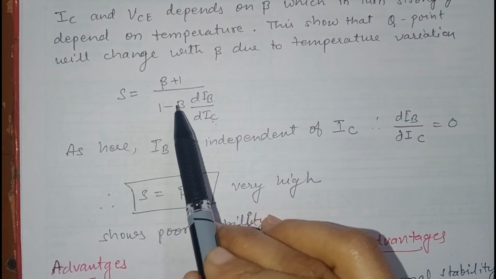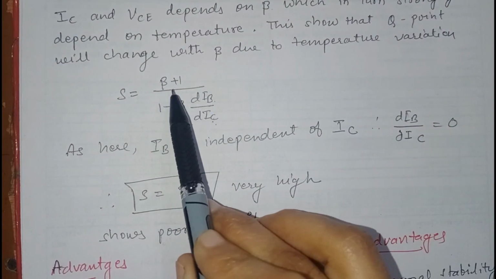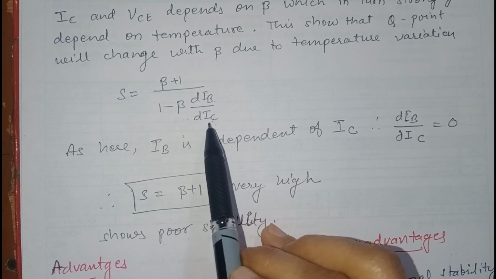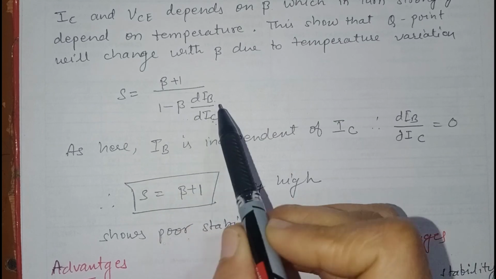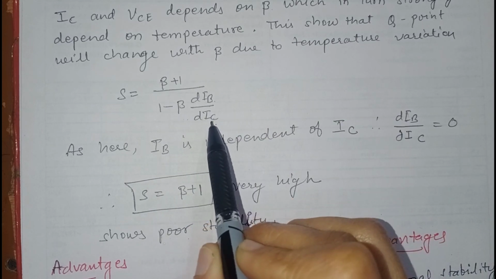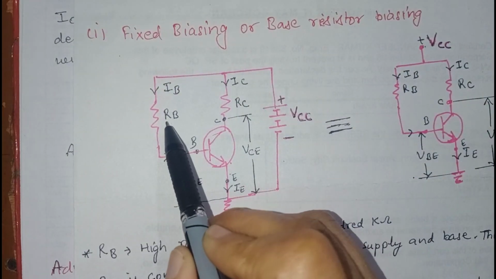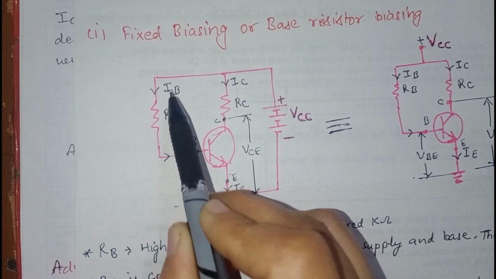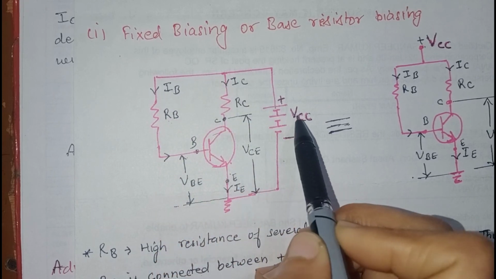This is the general equation of stability factor: S equals (beta plus 1) upon (1 minus beta times delta IB upon delta IC). As we know, in this biasing method, IB does not depend upon IC because RB, which fixes the value of IB, is connected to VCC.